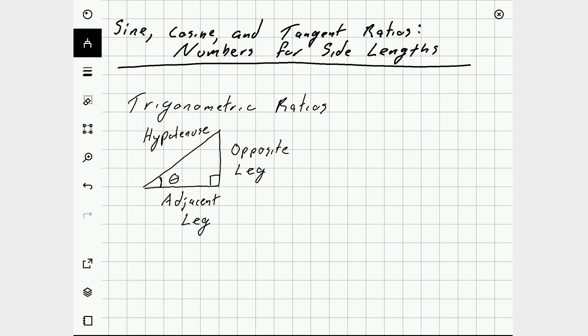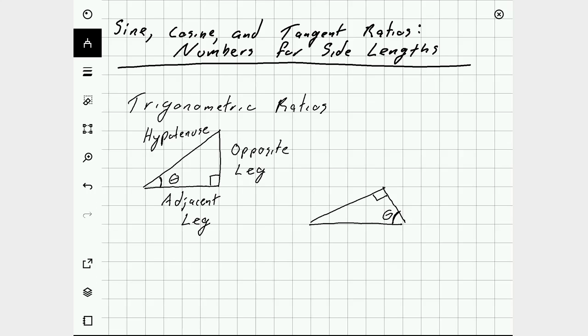And no matter how we rearrange our triangle, we can always pick out an opposite leg, an adjacent leg, and a hypotenuse, as long as we have a right angle somewhere in the triangle and we have an angle that we can call theta.